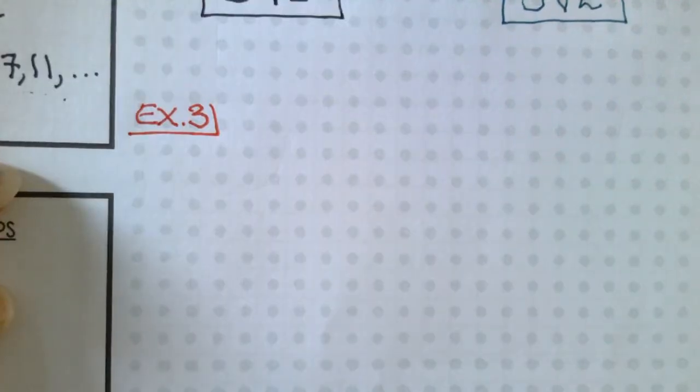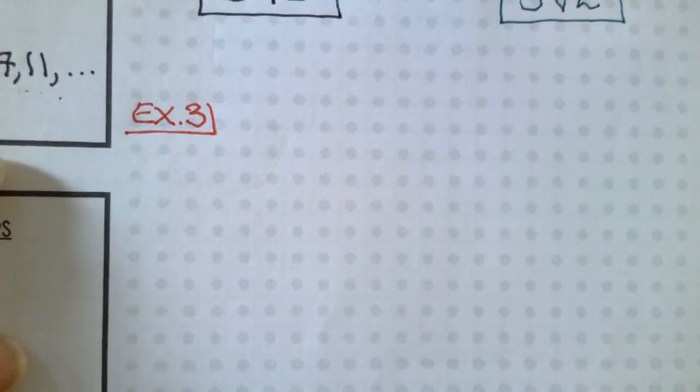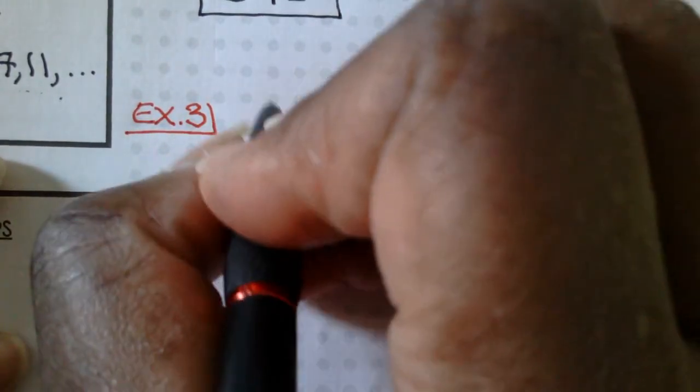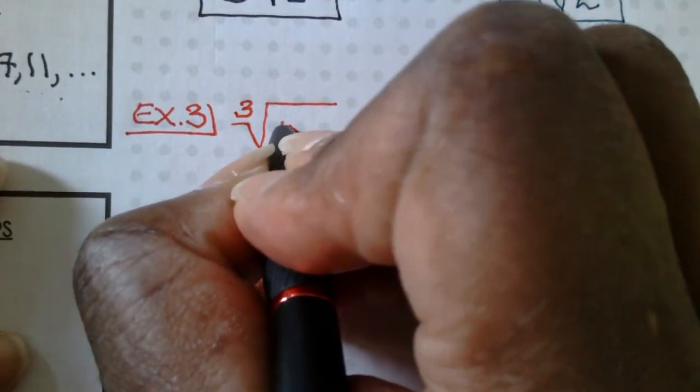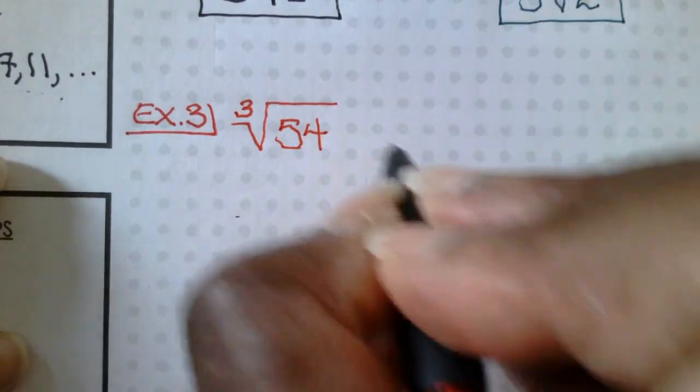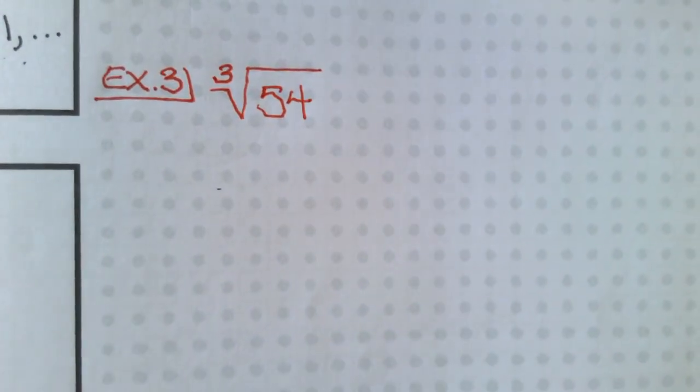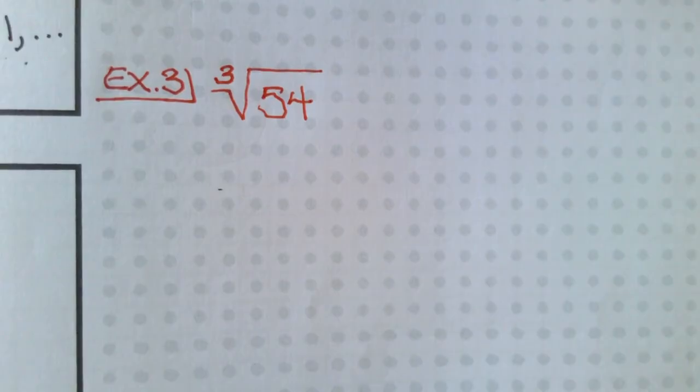So now, let's see if we can break it on down by looking at the cubic. The cubic is what throws a lot of people off because we're so used to looking at square roots.